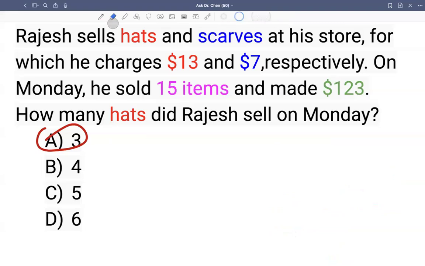We don't know if it's 3, but let's try 3 to see if it works. So 3 hats.